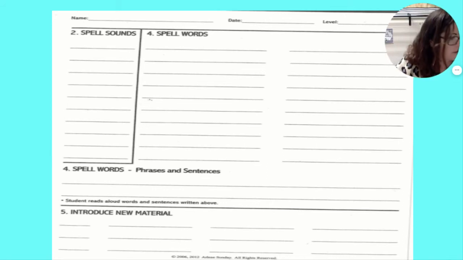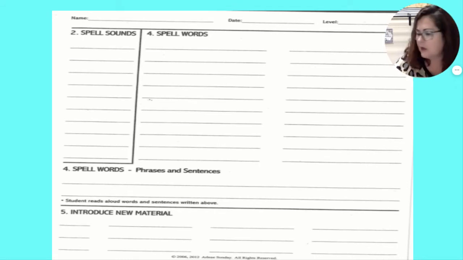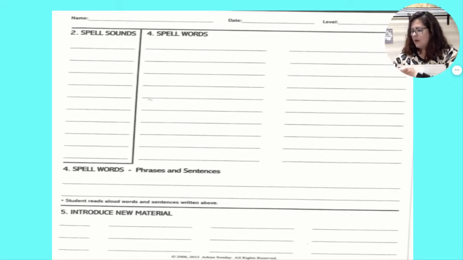Looks like I have my whiteboard. Here it is. Okay. To show you an example, I think you should know these pretty well. When you hear ch after a short vowel, you should have written that you would write TCH.